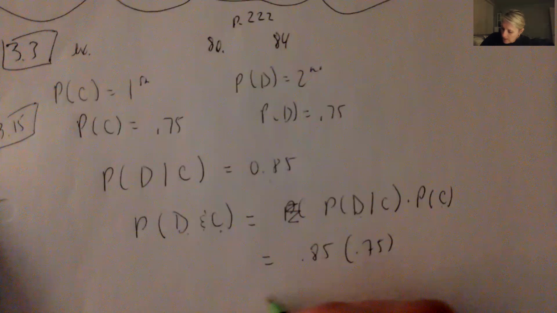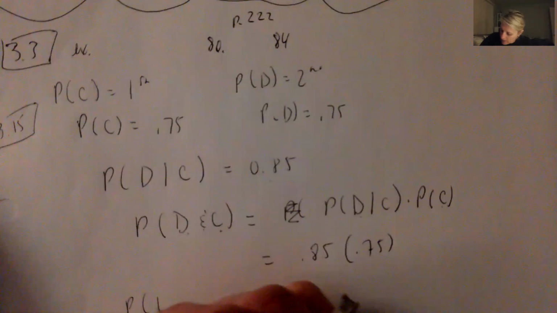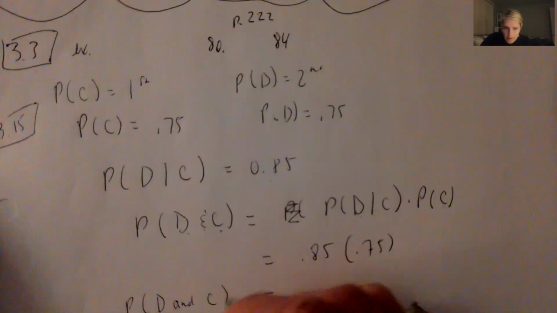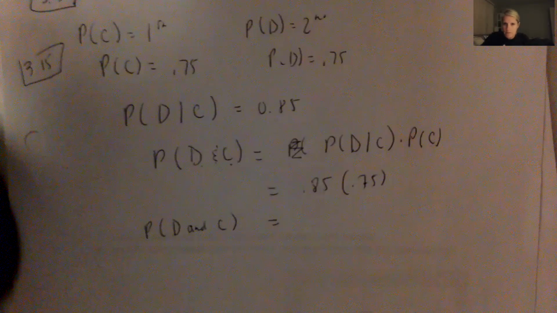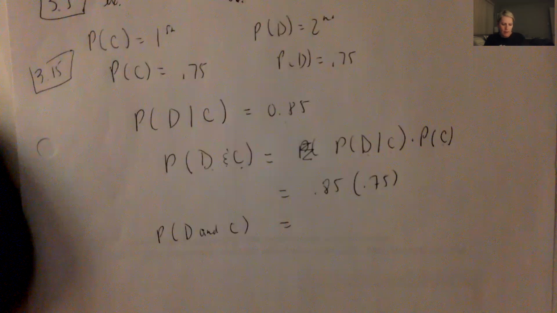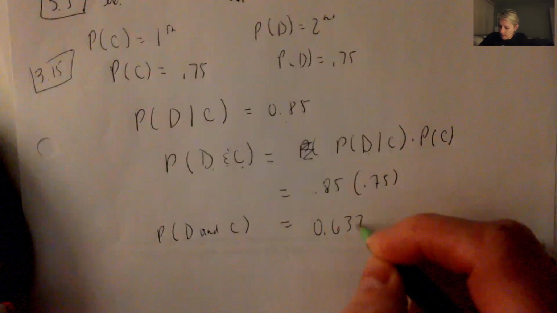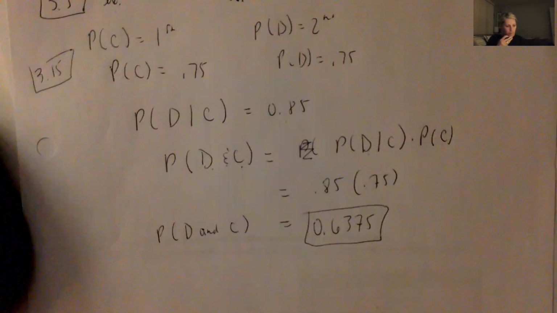So we can multiply them to find the probability of D and C, making both shots. 0.85 times 0.75, and that probability is 0.6375.